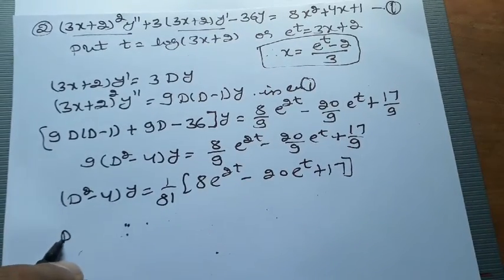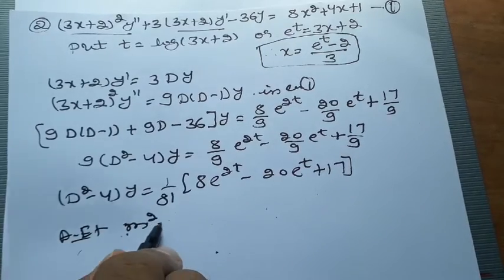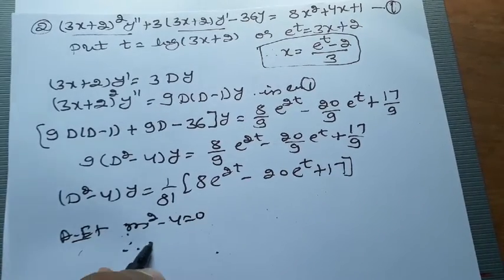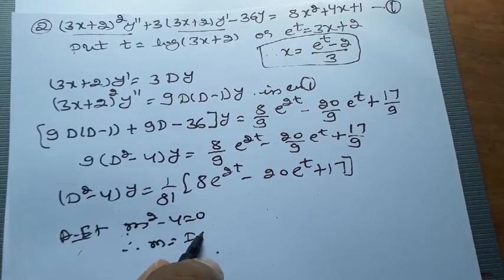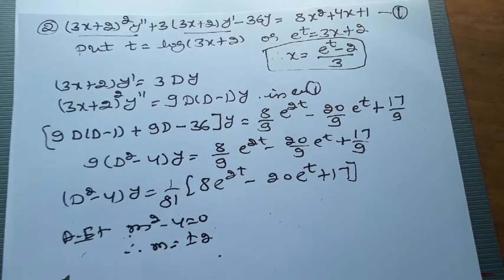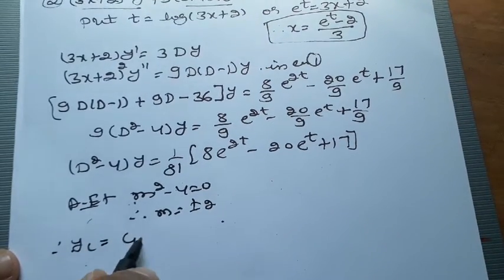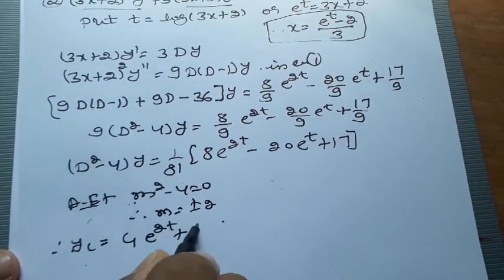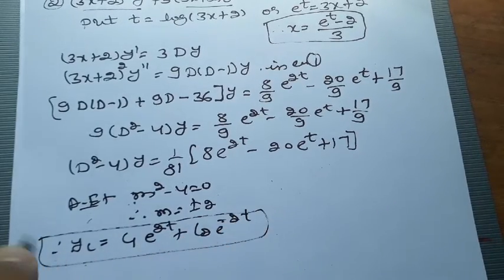So write down the auxiliary equation: m² - 4 = 0, therefore m = ±2. So the complementary function yc = c1 e^(2t) + c2 e^(-2t). This is the complementary function.